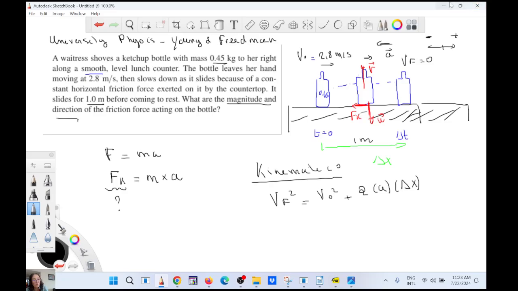You could have done the opposite actually. But anyway, final is 0, initial squared plus 2 times the acceleration. Now the displacement here is positive. If I stick to this, the acceleration will be minus 2.8 squared over 2.